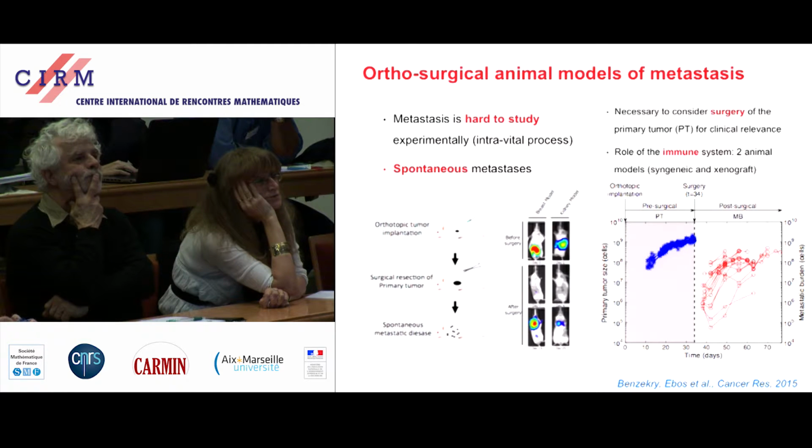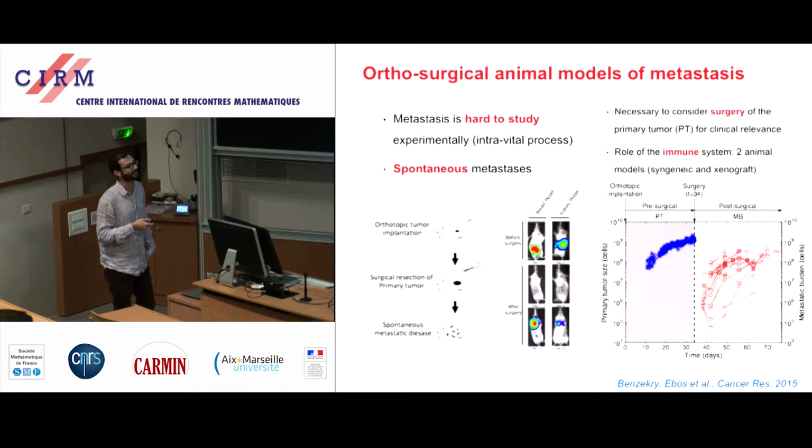So you can already see that it's a challenge to get some information from it, because even though it's the same cells and all the experimental conditions are made in order to reduce the variability, you still have quite a huge inter-animal variability here. This is something that we have to keep in mind and take into account in our modeling.